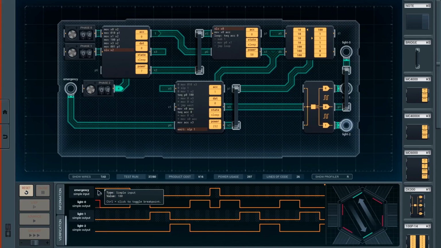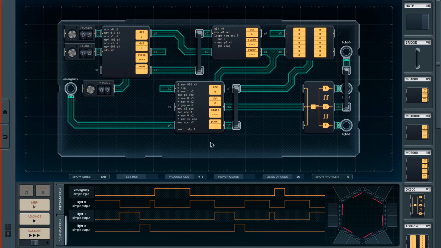So I do need to be able to handle tick 0 emergency. Oh, shoot, really? So it can start up an emergency state. Alright, fine. So I can't do this hack.